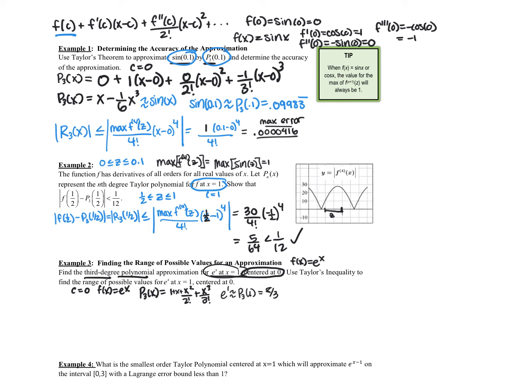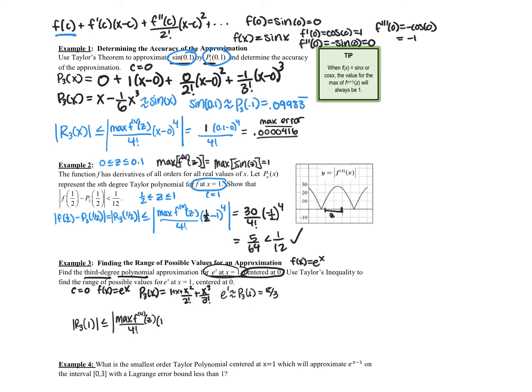Now that is going to be not perfect, and so we want to give a range of values for what the actual value could be. So let's find the maximum value of our error when we're approximating it at 1. So that'll be less than or equal to the maximum of the fourth derivative, again, because we're on our third degree Taylor polynomial, divided by 4 factorial.